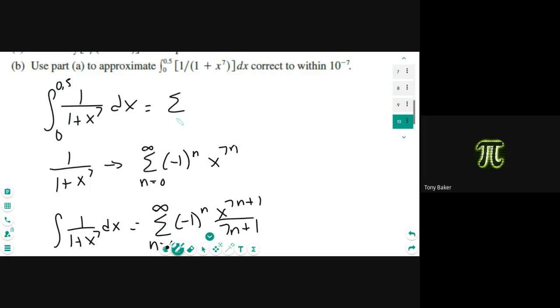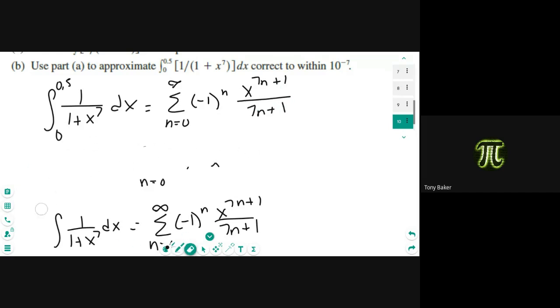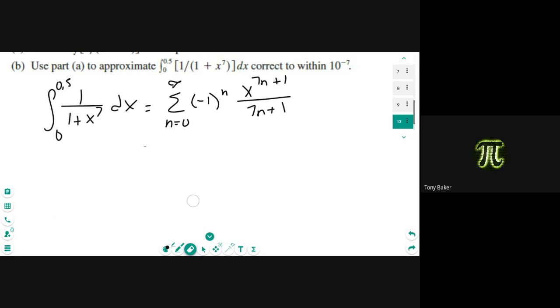And we know that this is negative 1 to the n, x to the 7n plus 1 over 7n plus 1, evaluated at x is 0 and x is 0.5.